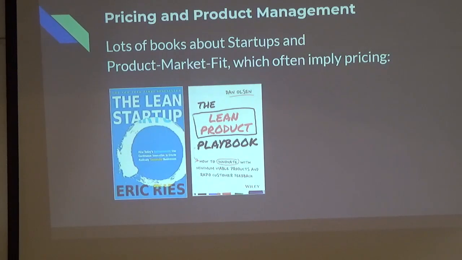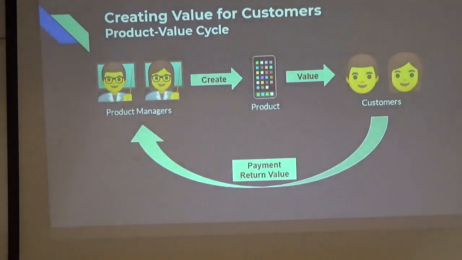To do that, I want to explain my point of view of what product managers actually do, like the real purpose of a product manager. Product managers, those smart scientists over there, create products, right? They're responsible for the customer research, determining what features go in the product, determining who's going to use the product, and in the end, what I think this all boils down to for me is they create value.